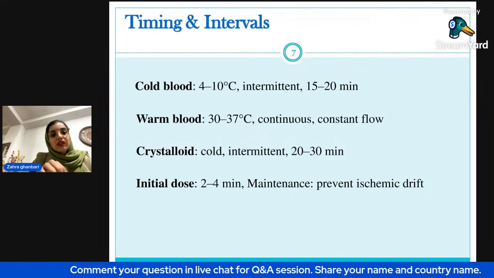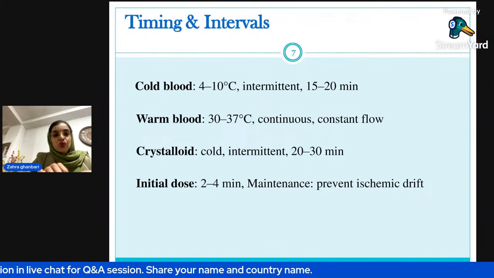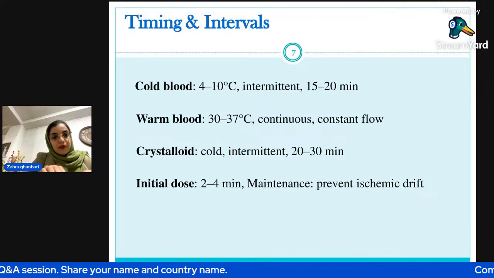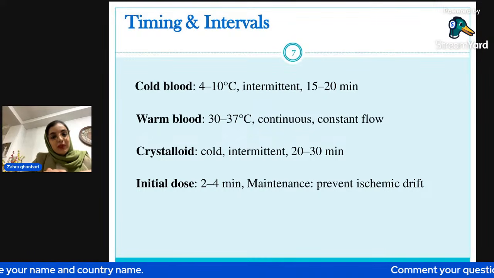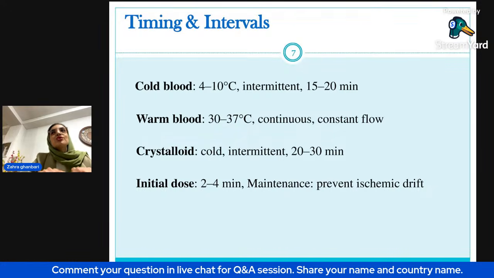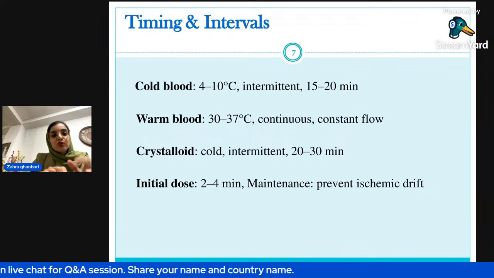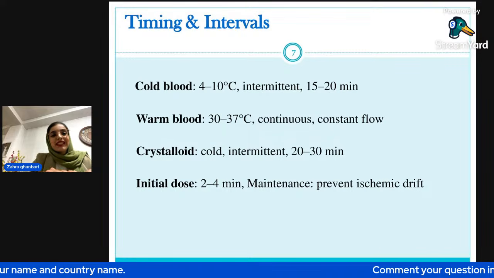All of it relates to which type of cardioplegia you use. And we should prevent ischemia drift. What is ischemia drift? Ischemia drift is due to a pressure gradient, so controlling the pressure is important to avoid this complication. Go to the next slide, please.